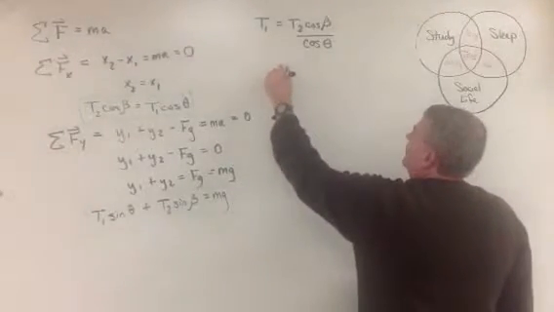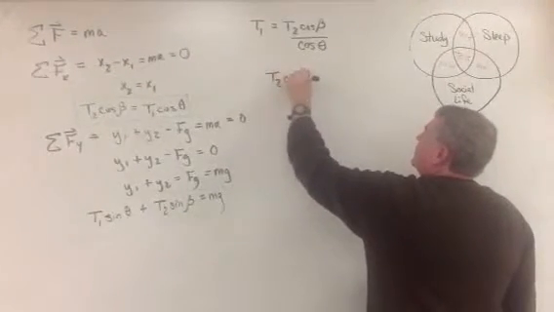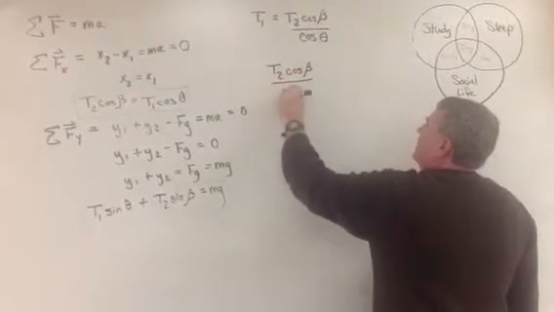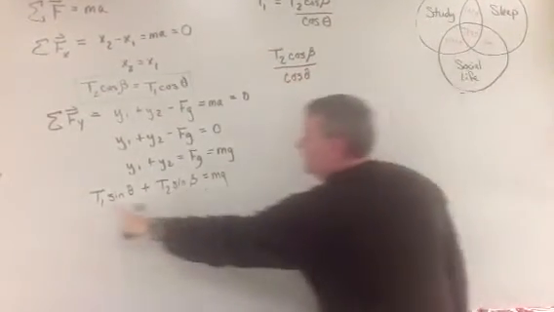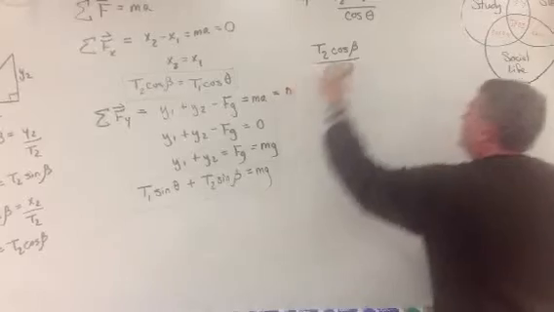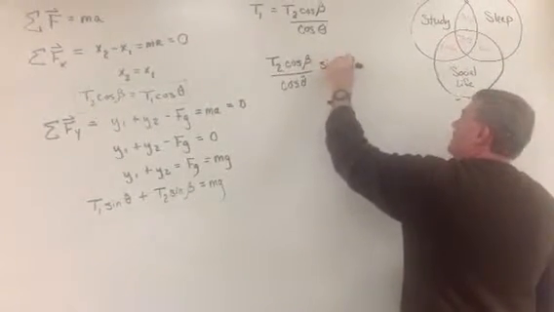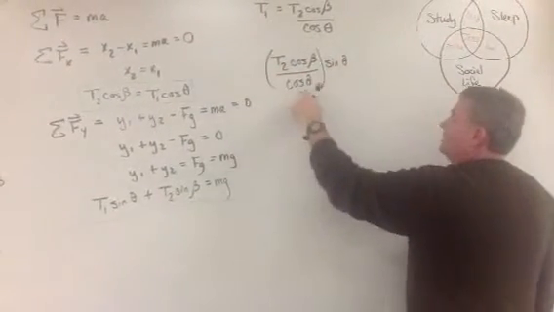All right, so we end up with T2 cosine beta divided by cosine theta, that's T1, times sine theta. That's this times this.